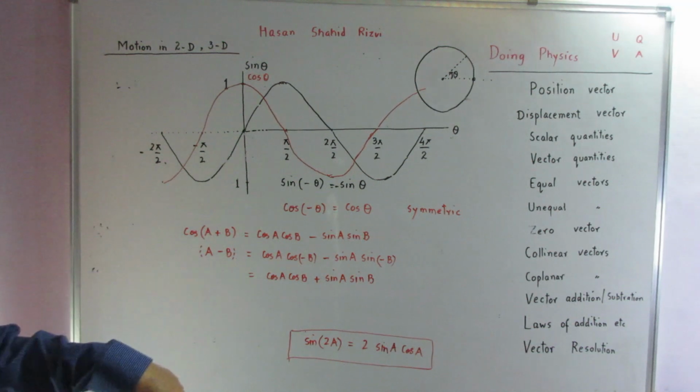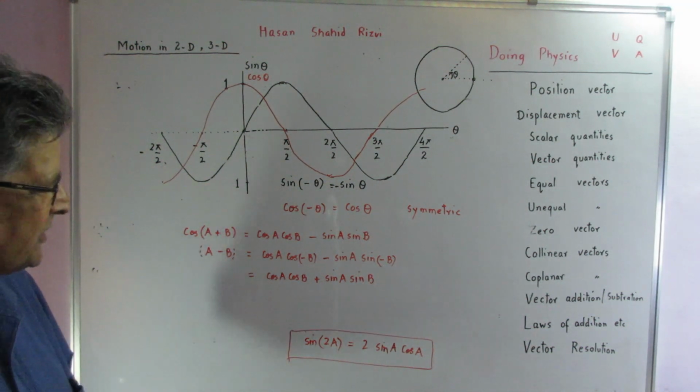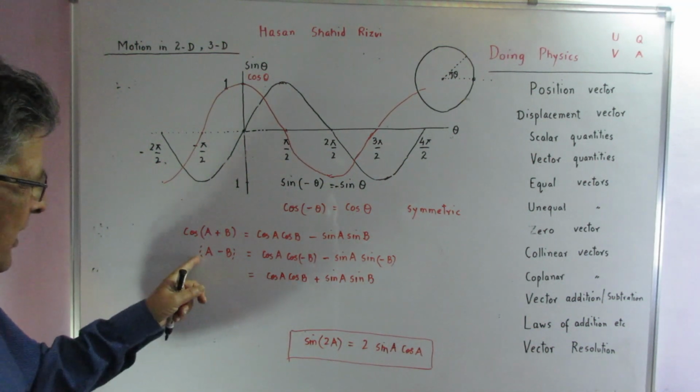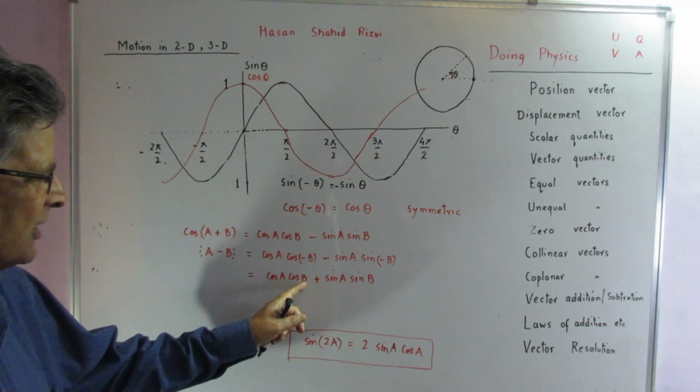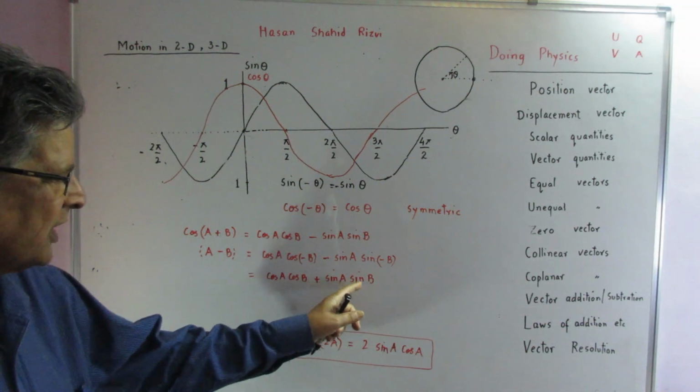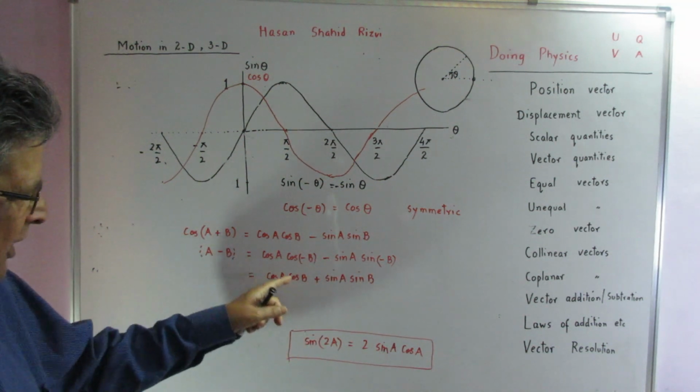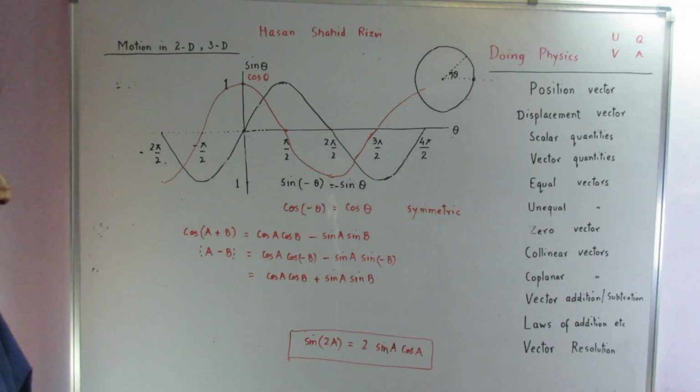In the first instance, for sine of A minus B, I had sine A cos B minus cos A sine B. But now it is cos A cos B plus sine A sine B.